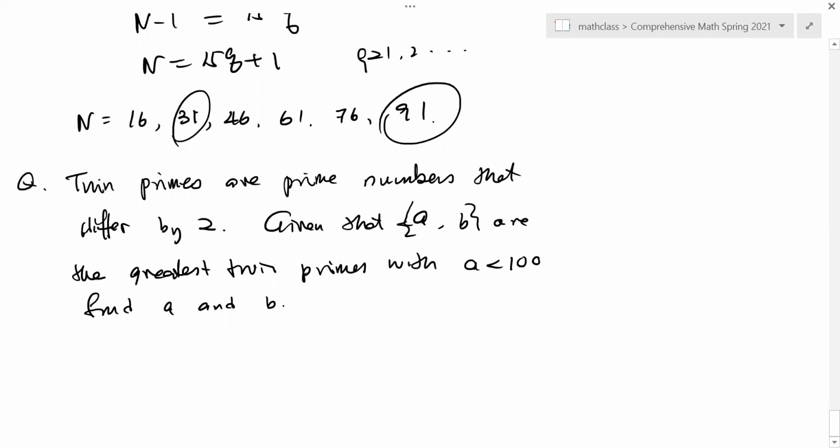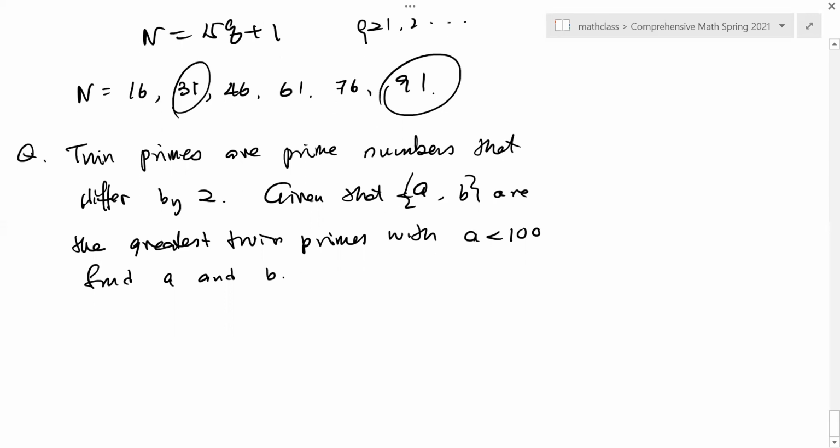So, twin prime numbers. You have to know lots of prime numbers less than 100. I begin with 97, because we're trying to find the greatest twin primes.